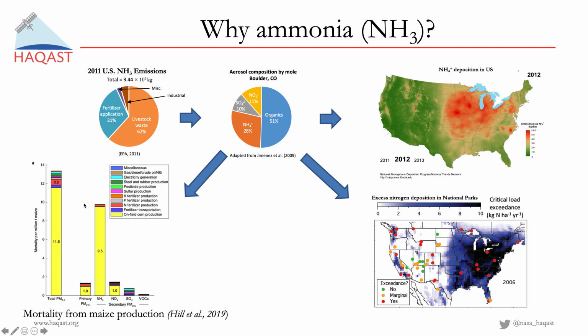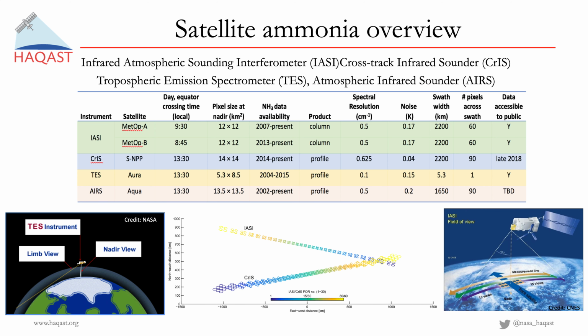What's shown here is a study of particularly corn production and the role of ammonia used as a fertilizer and how that relates to PM 2.5. Basically, ammonia is one of the dominating factors in mortality and morbidity in the central US due to these fertilization applications.